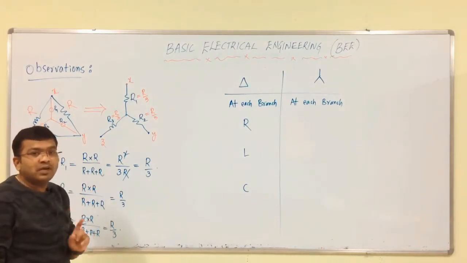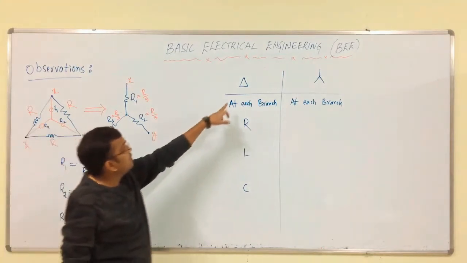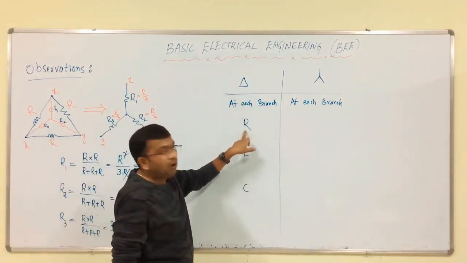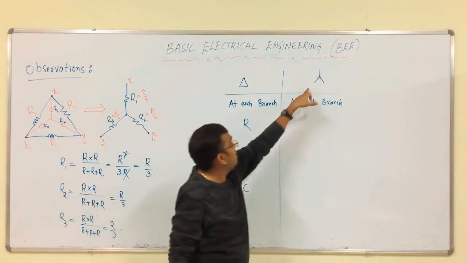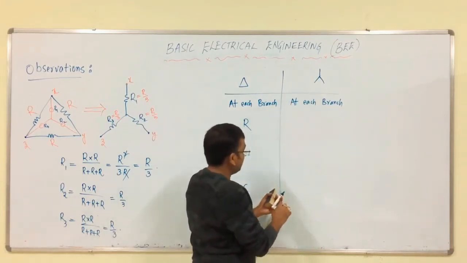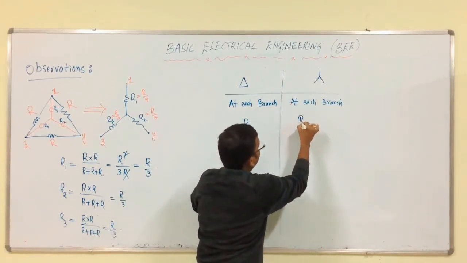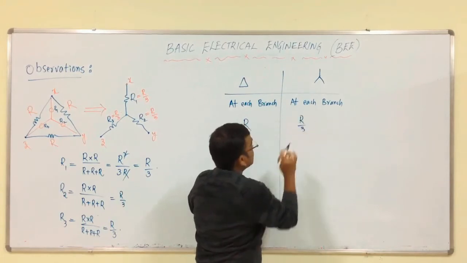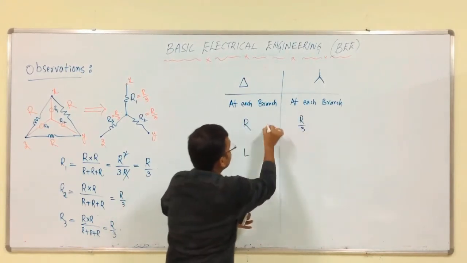This is a very important observation. In delta, each branch has R, but in star, each branch has R by 3.